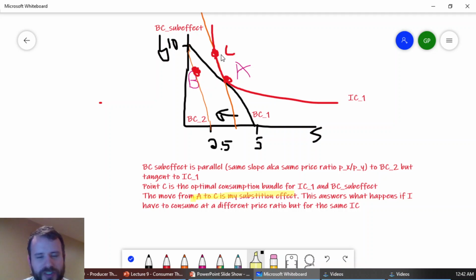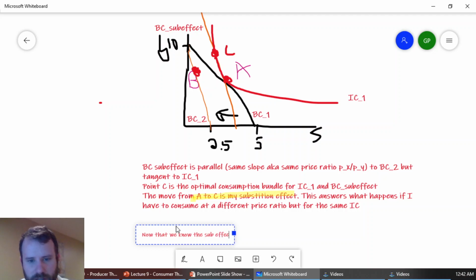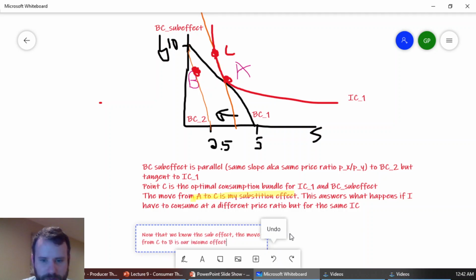So the move from C to B then is what's left, okay? So now that we know the sub effect, the move from C to B is our income effect, okay?